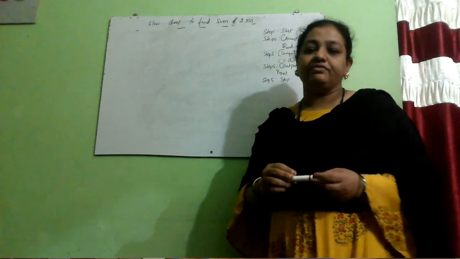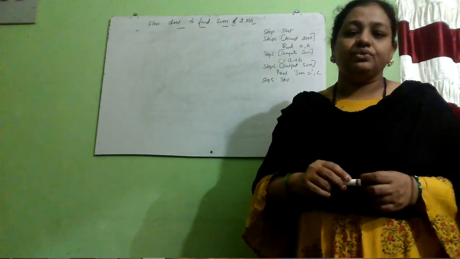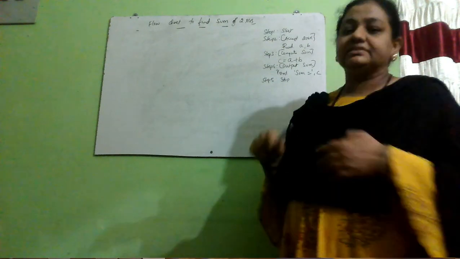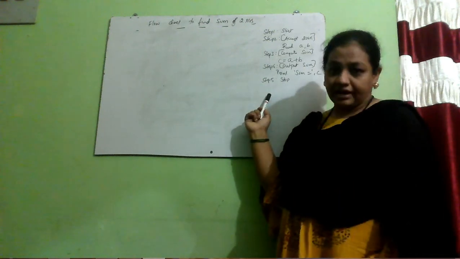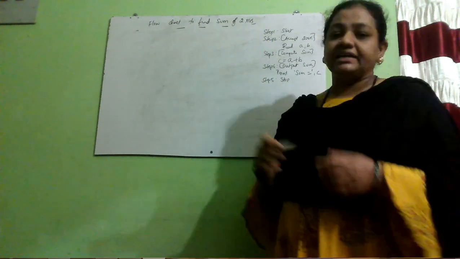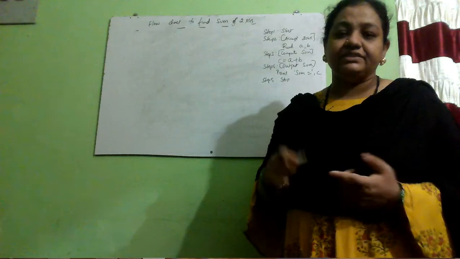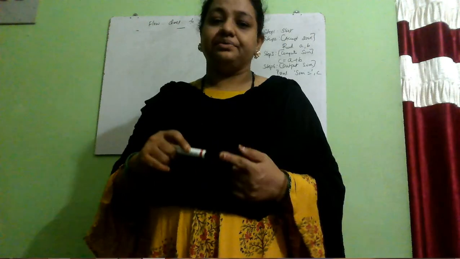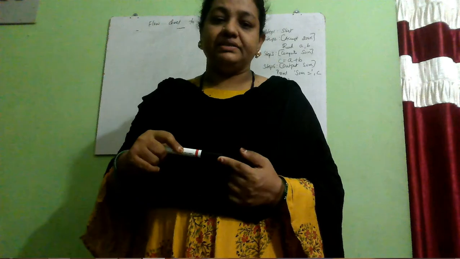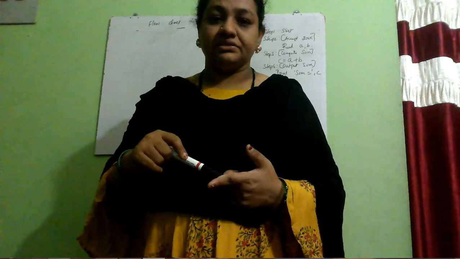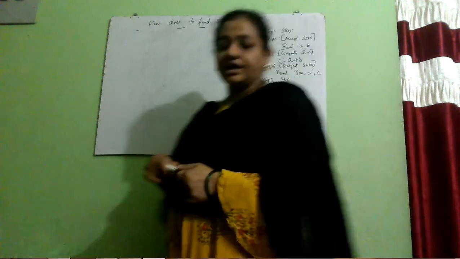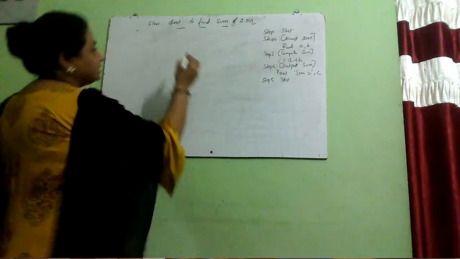So step 3, we have to compute sum. What do you mean by computing sum? Computing sum is nothing but adding. So you will get sum only after adding the given two numbers.